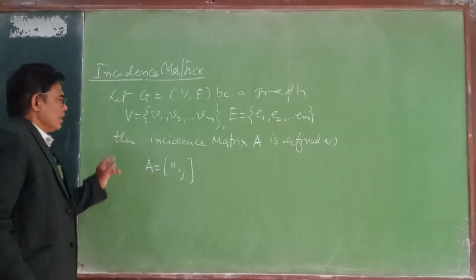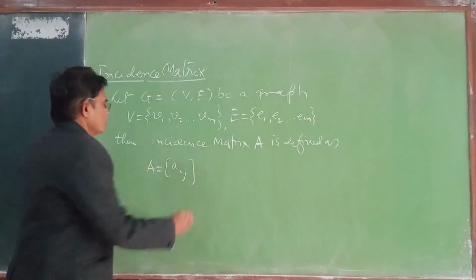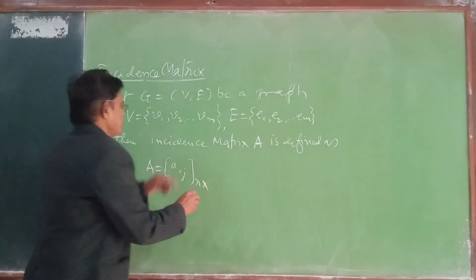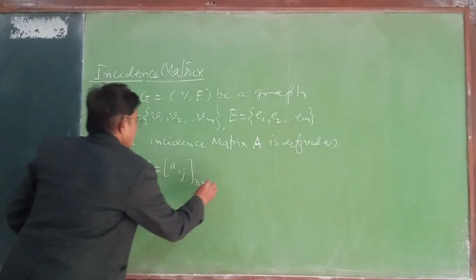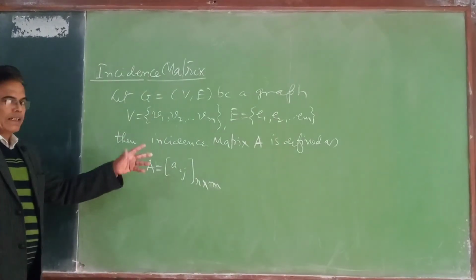As we know, this is a vertex edge matrix. The number of vertices is n, so this is an n cross m matrix. n cross m means this is not a square matrix.